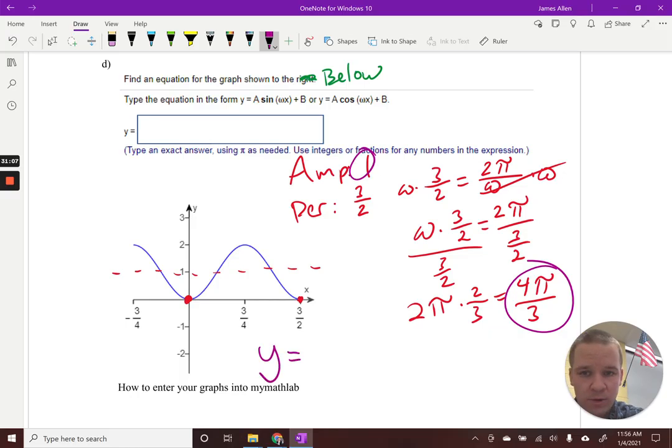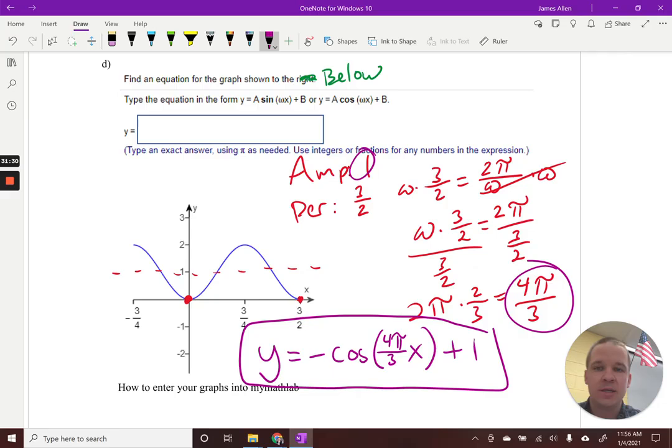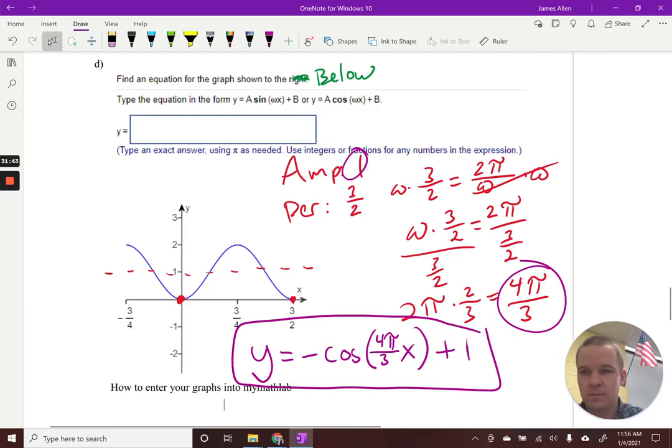So y equals negative, and then our amplitude was 1, so just cosine of 4 pi divided by 3, and then we're using x per the book, and then that midline's plus 1, so plus 1, and that would be how I'd enter it into my math lab. Awesome. Fantastic. No need to include the 1. I don't know if it would mark it wrong if you included the 1. I don't think it would, but if it's a 1 for my amplitude, you wouldn't write it there.